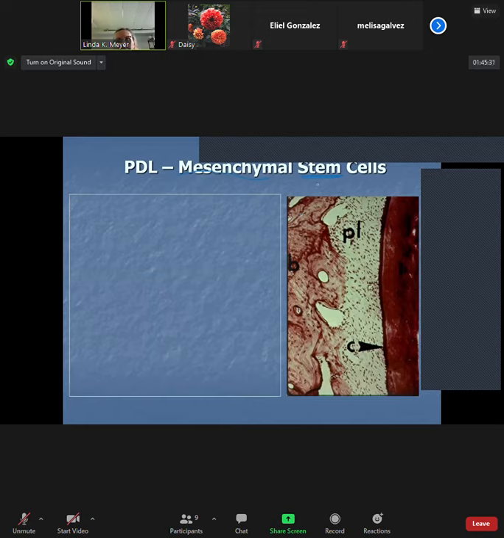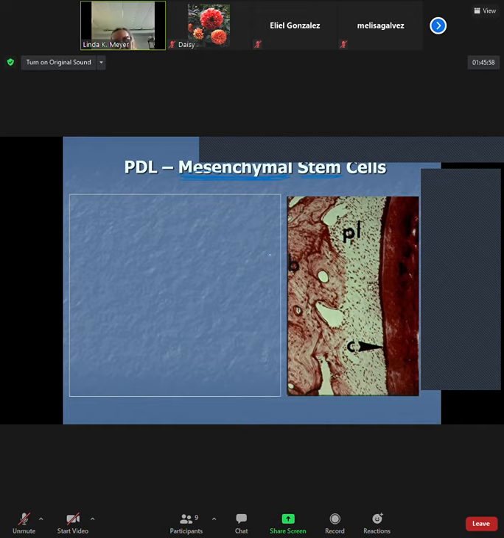Stem cells are cells that have not turned into specific cells, or they haven't differentiated into specific cells. Mesenchymal, that word means embryonic connective tissue. So they're found in areas that still have this embryonic connective tissue.